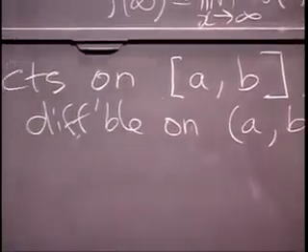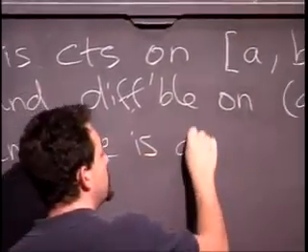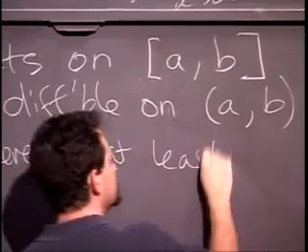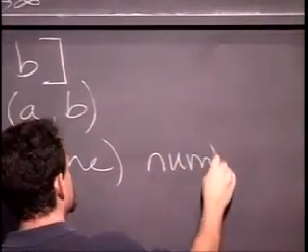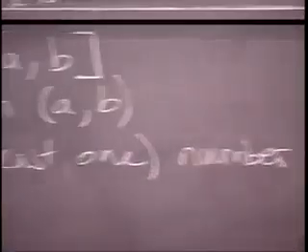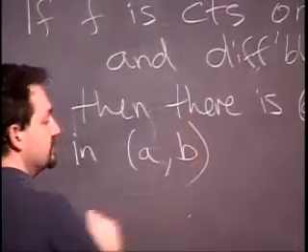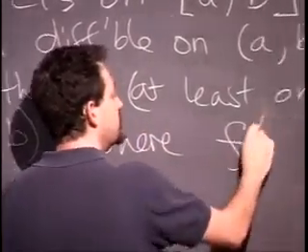Then there is some number c, at least one, in the open interval (a, b), where the derivative is 0.